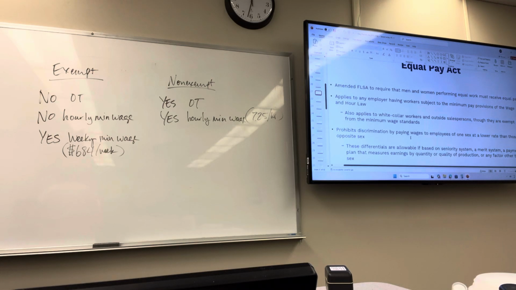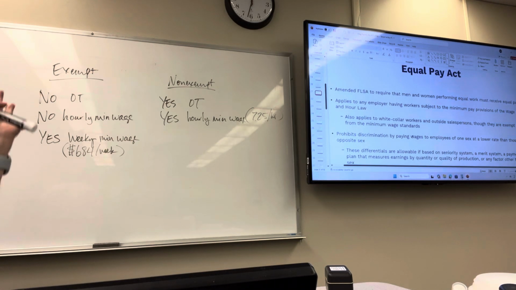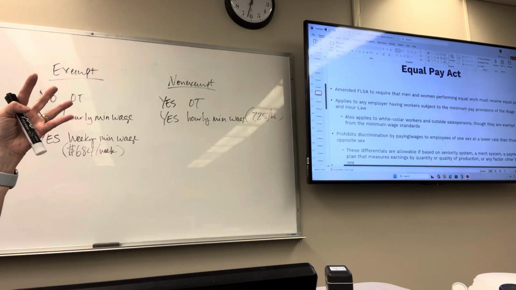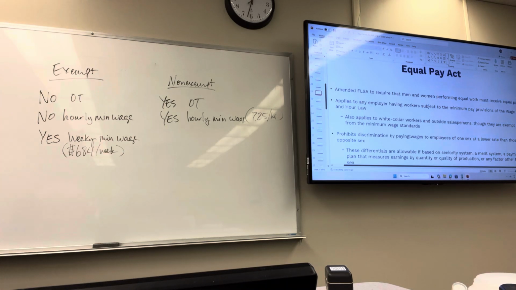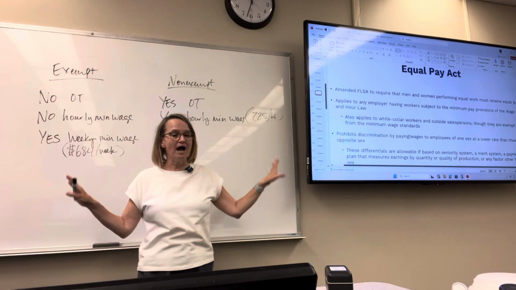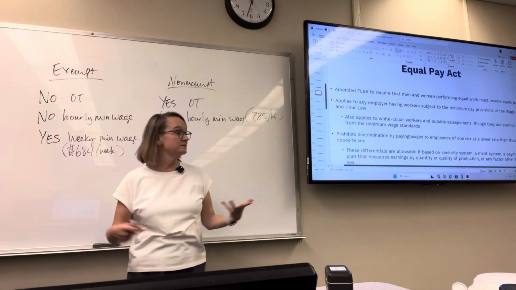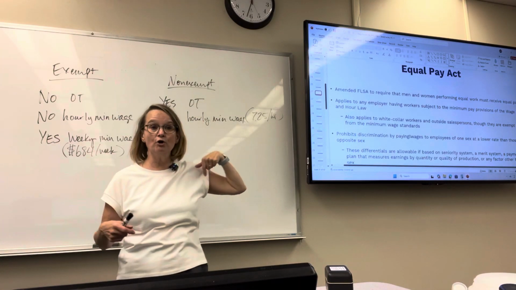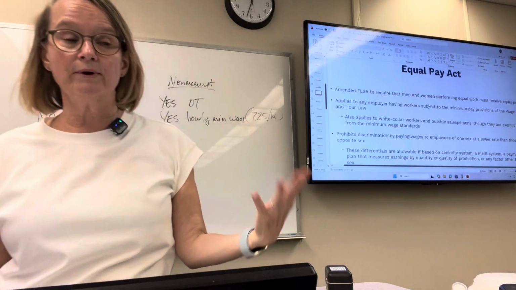Now, a couple other things we want to talk about. Any questions about exempt versus non-exempt? Is that clear between the two? Okay. Because we are going to be talking about individuals that are salaried and considered to be exempt, we're going to be talking about individuals who are salaried, but they are non-exempt, and we have to calculate, for purposes of calculating their overtime, what is their rate of pay.